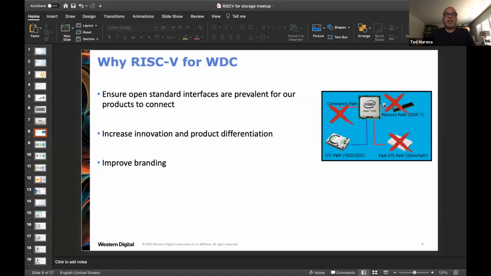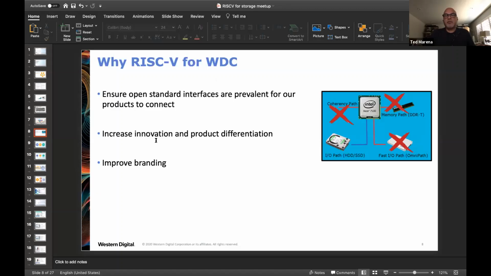Nobody else is allowed to license that bus. And that's a huge threat because we make storage products. So, this is something where we want to participate. They don't open up their coherency bus. There isn't really a processor vendor that does, but we believe for memory-centric architecture, this is really important. So, this open standard interface is actually a big reason why Western Digital got involved in RISC-V.